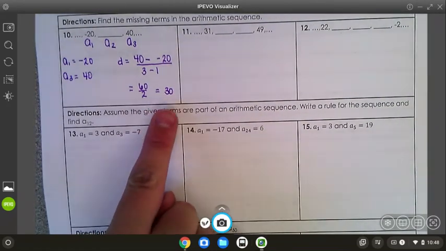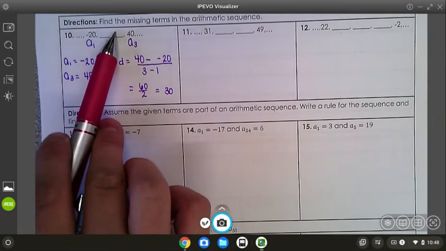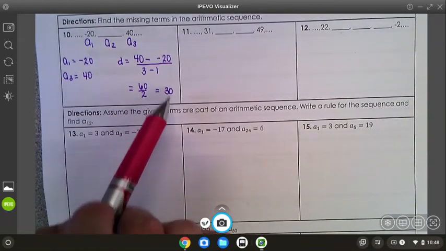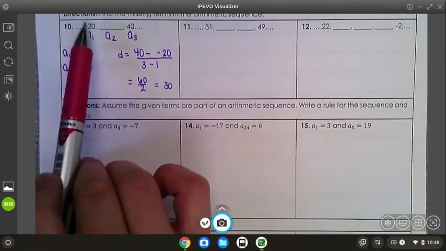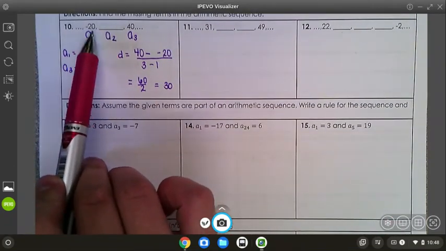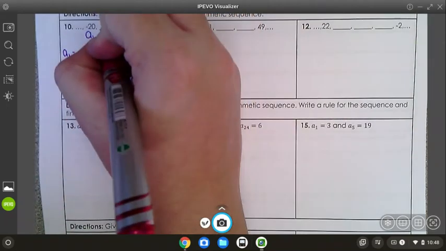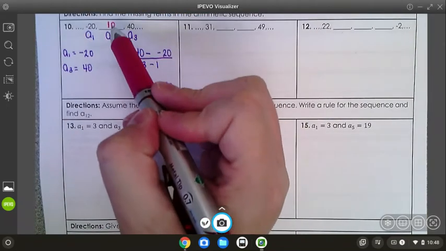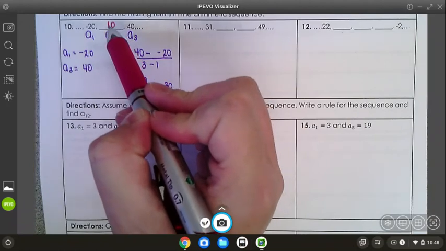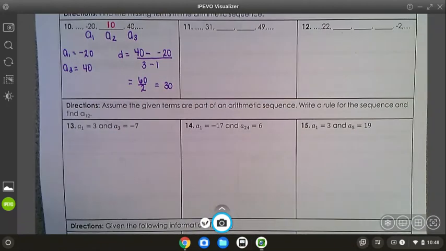I have to use my common difference to figure out this number. So if my common difference is 30, that means I'm adding 30 every time. So -20 plus 30 is 10. And 10 plus 30 is 40.